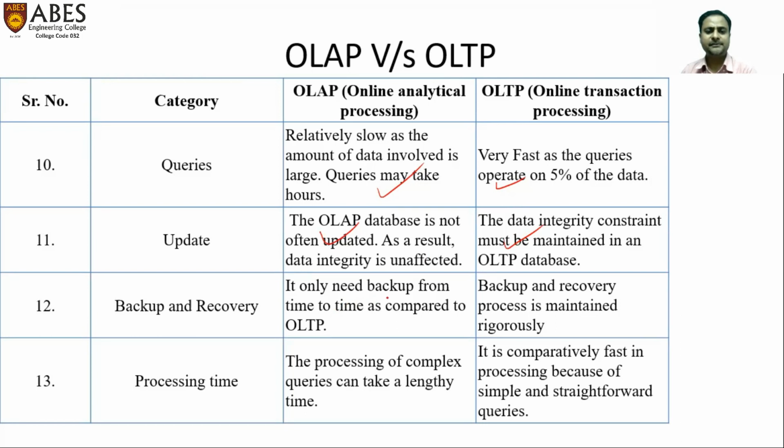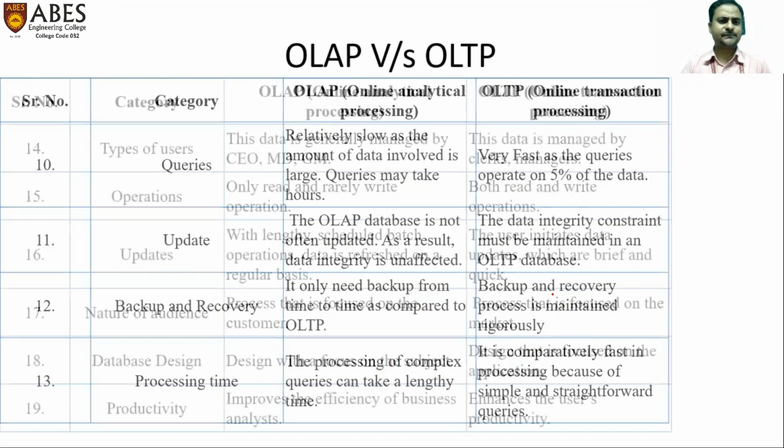In backup and recovery, OLAP needs backup from time to time, but in OLTP the backup and recovery is maintained rigorously because it is used in ATM-like applications where consistent and continuous changes in the data happen. In processing time, the processing of complex queries in OLAP can take a lengthy time, but OLTP is comparatively faster because of simple and straightforward queries.